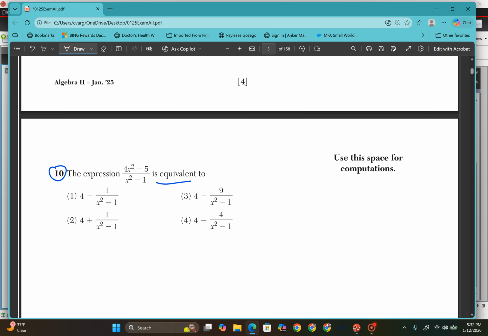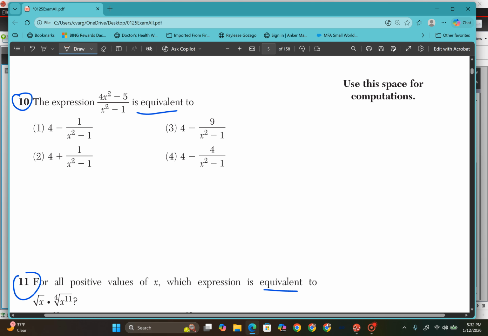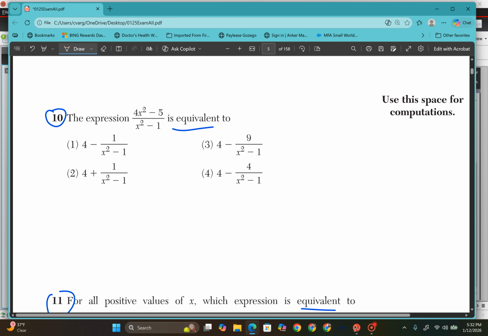Okay. Is equivalent to. Here's another remainder theorem question. Or you could do long division here. I don't know why you would, but the remainders here are all different. This is -1, this is +1, this is -9, this is -4. So remainder theorem says x squared minus 1, that's what we're dividing by, set it equal to 0.